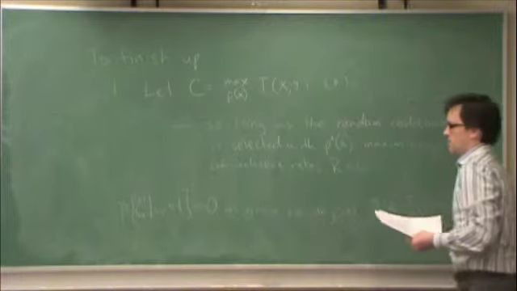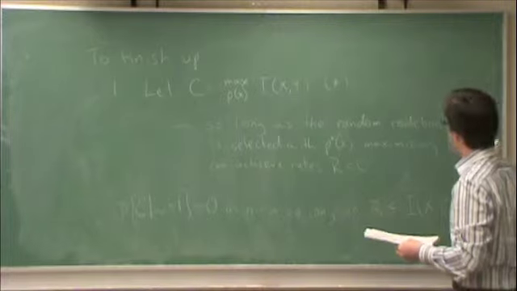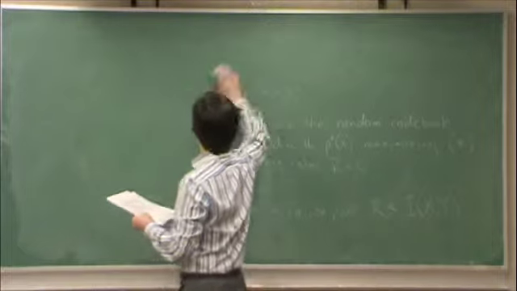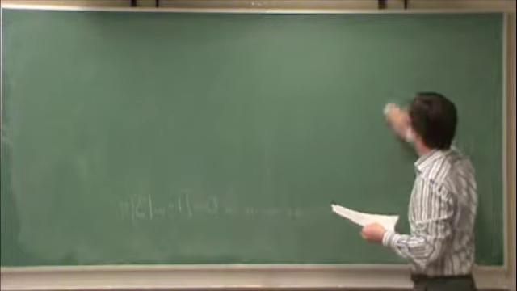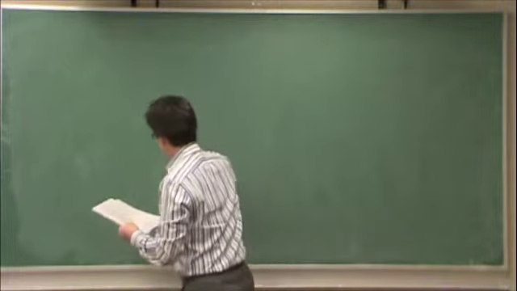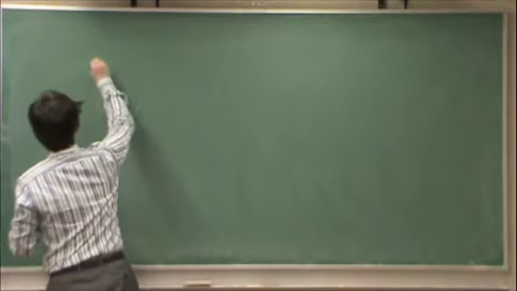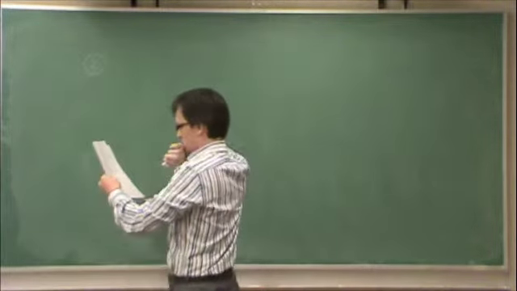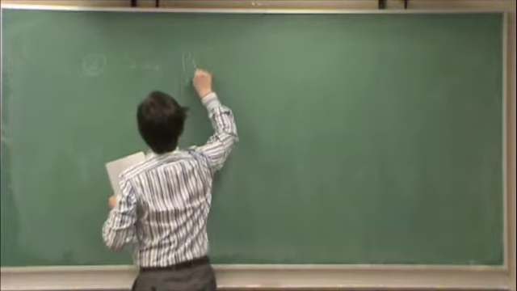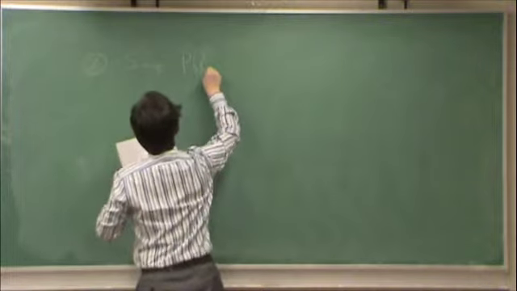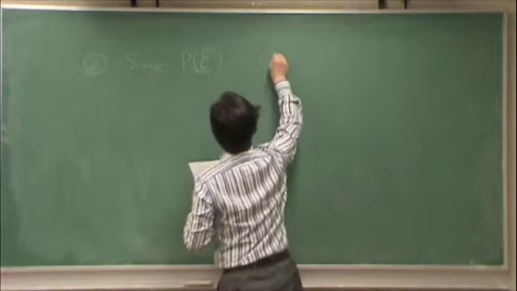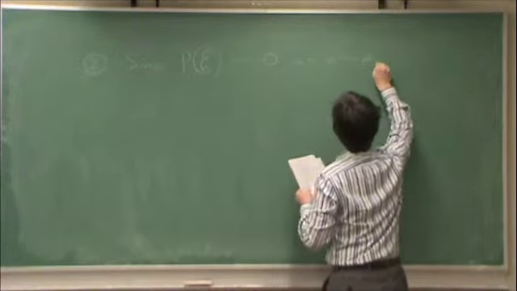Okay, now we get into worst case. Secondly, since the average probability over all code words in code books goes to 0 as n goes to infinity.